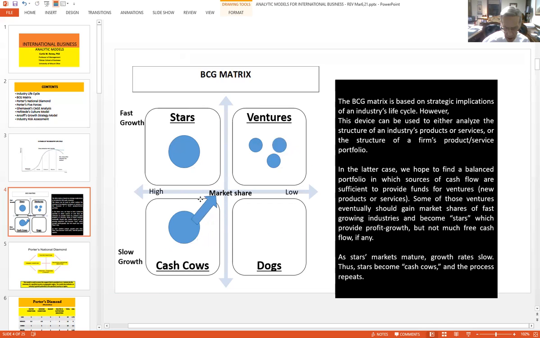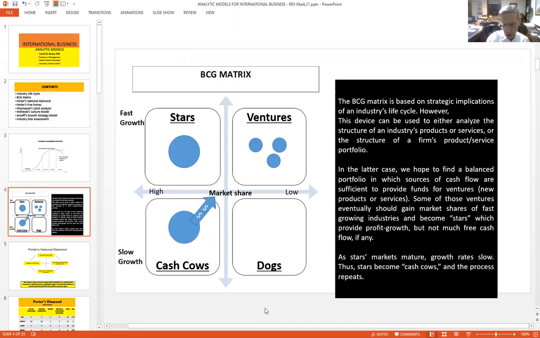And then when they, see if I can get lucky here, and there we go. So what we want to do is send cash up to those guys so that we don't have to borrow as much from the bank. And that would be a very good strategic use of the BCG matrix.